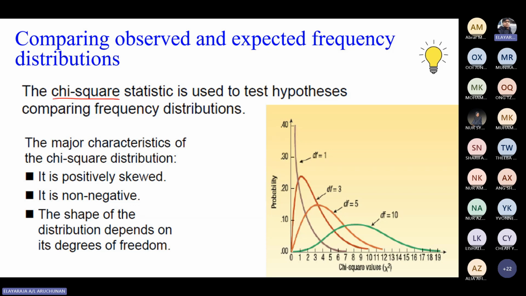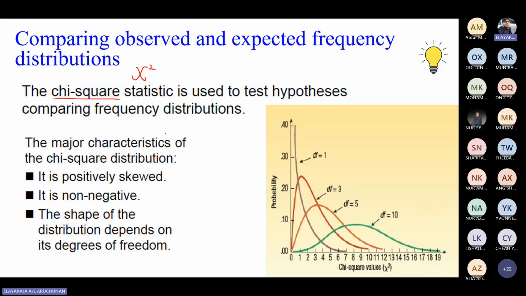The chi-square is normally denoted by the Greek letter chi squared, χ². Chi-square statistic.